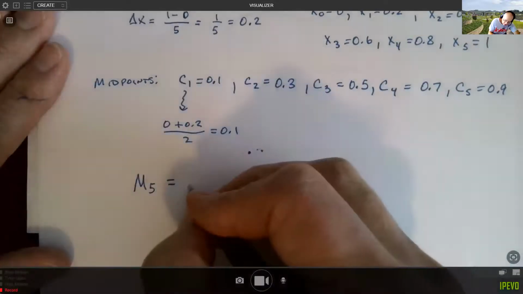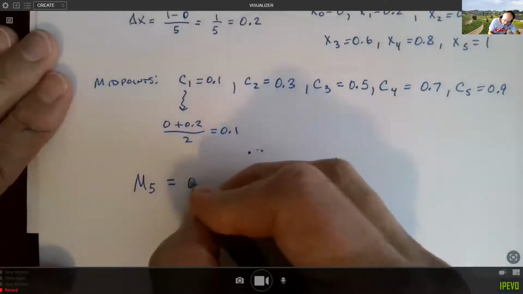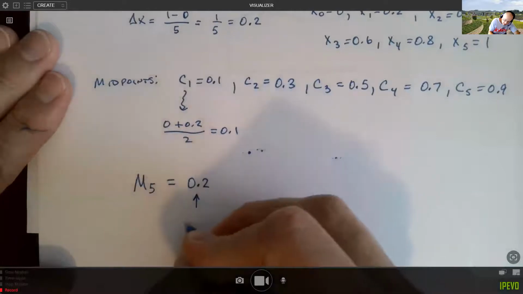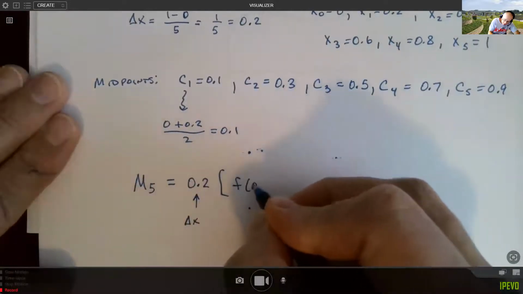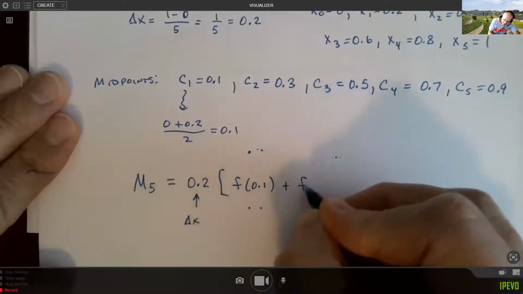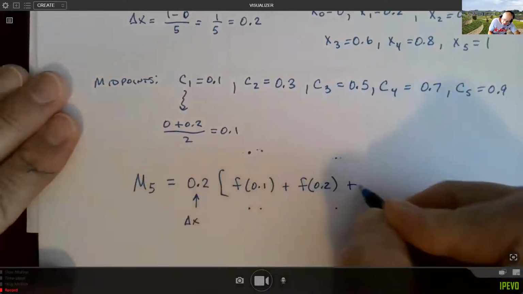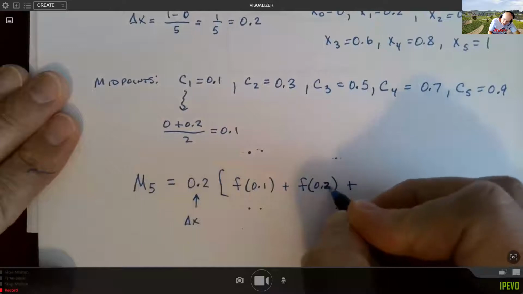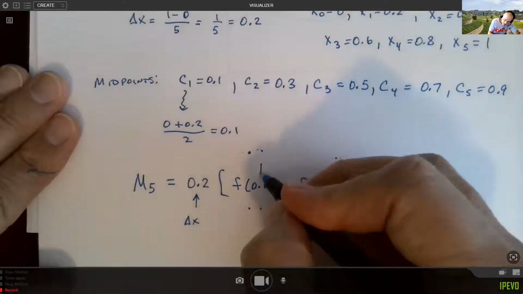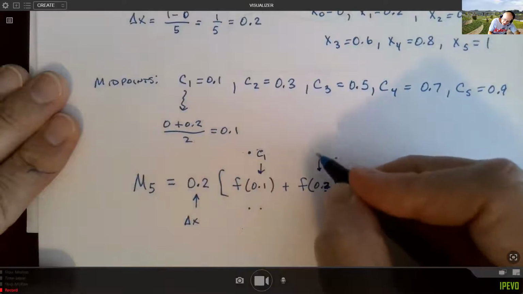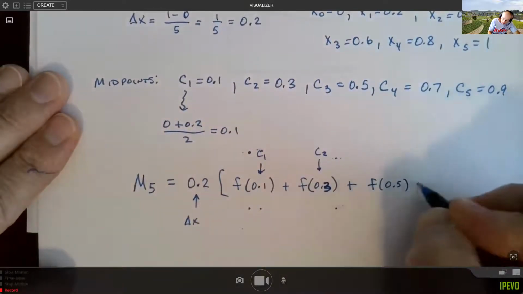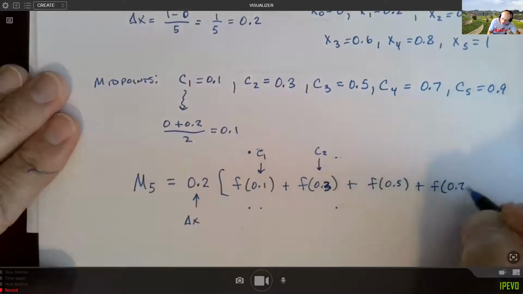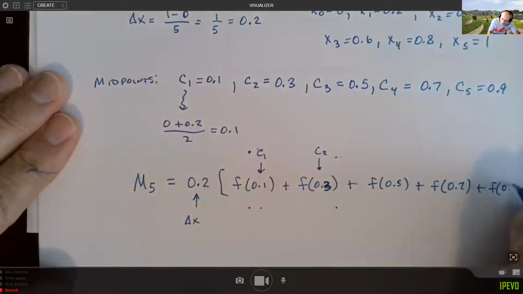I'm just going to go ahead and do the delta x, which is 0.2, times f of 0.1 plus f of 0.3. So that's C sub 1, that's C sub 2, and then C sub 3, C sub 4, and C sub 5.